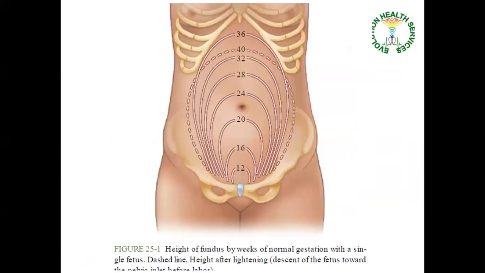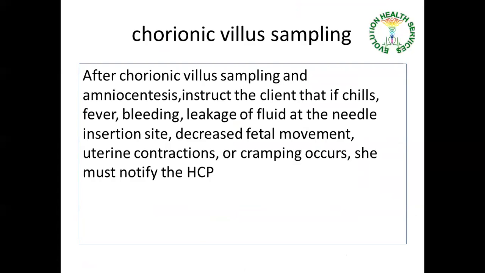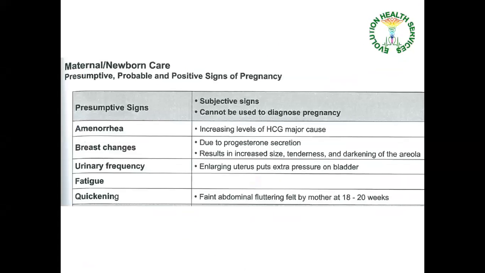Now I'm just going to talk in a systematic way. The first one: what are the primary signs of pregnancy? We can categorize the signs of pregnancy in three ways: presumptive signs, probable signs, and positive signs. The first one is presumptive signs.